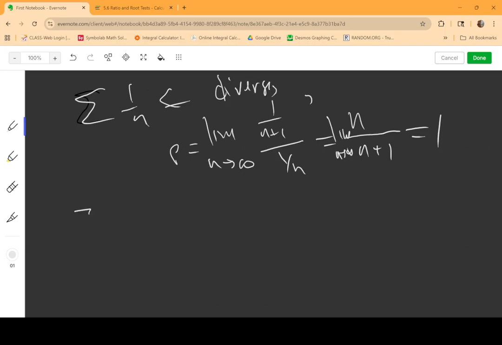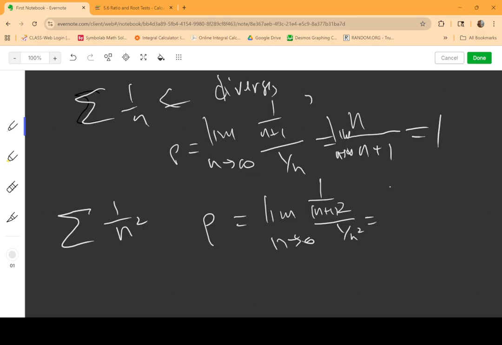And we could see that for this one, if we apply the ratio test, the limit as n goes to infinity, we get the same thing: 1 over n+1 squared over 1 over n squared. Then this becomes the limit as n goes to infinity of n squared over n+1 squared, which again is also 1.